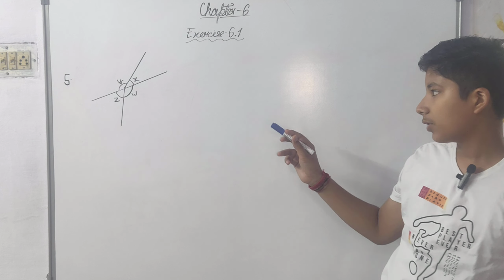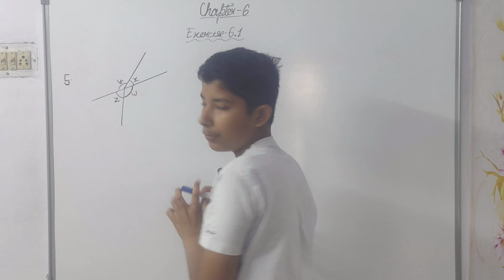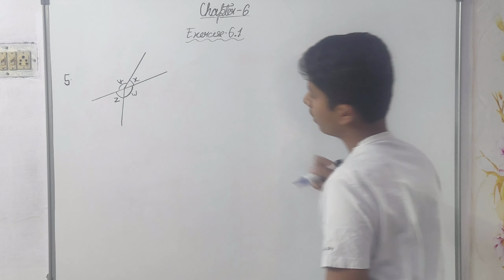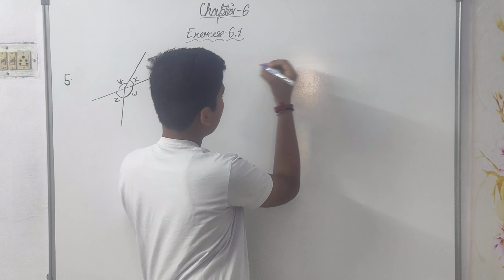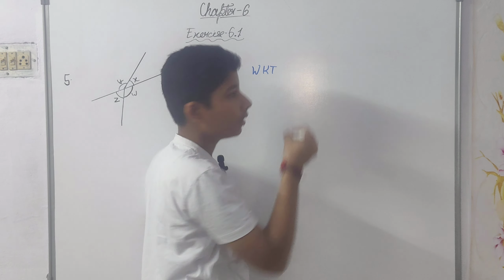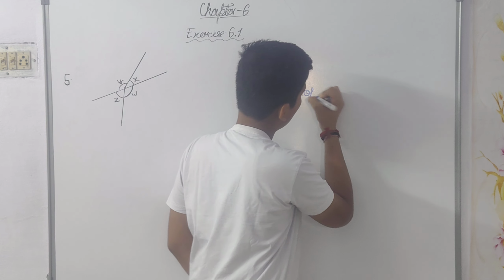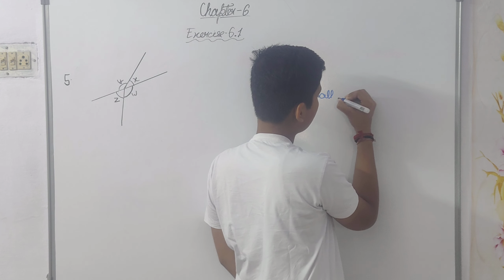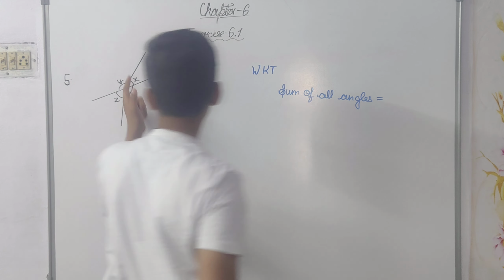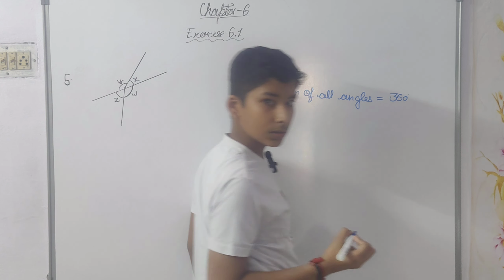Friends, now in this question, you have to prove that x plus y equals z plus w. Angle x plus angle y equals angle z plus angle w. So now we'll write something here. We know that the sum of all angles equals 360 degrees. Okay.